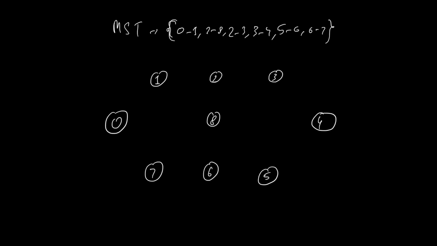So now recalling the ones which are our components for the next step, it is 0 to 1, 2 to 8, 2 to 3, 3 to 4, 5 to 6, and 6 to 7.